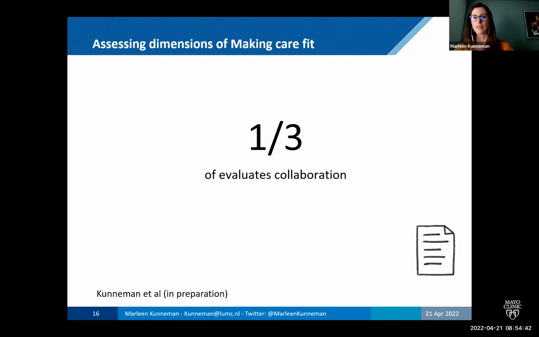And by this, I mean that they do not look into whether we respond to the situation or the priorities, whether we minimally disrupt their lives, their loved ones, and their social networks, but they evaluate the manner or the content in which the patients and clinicians are working together.